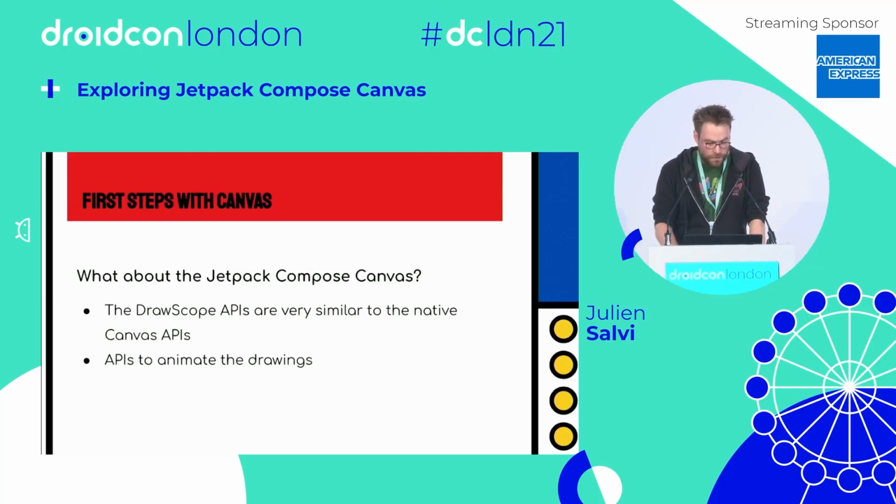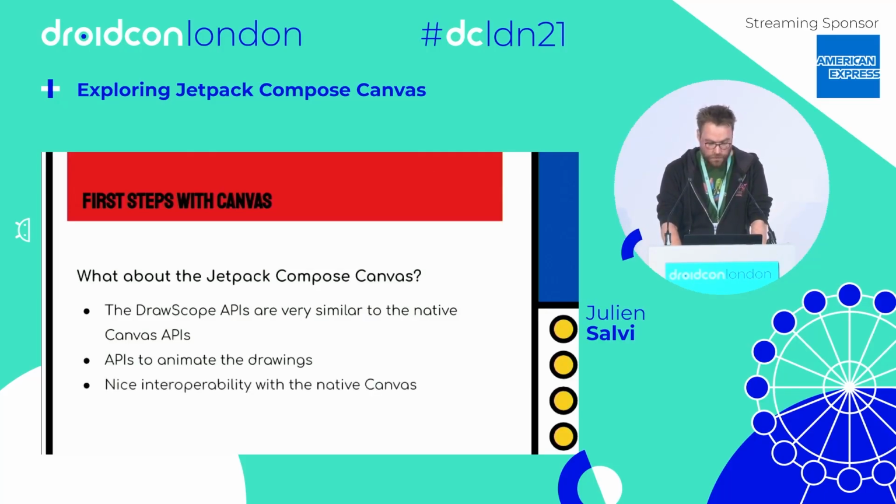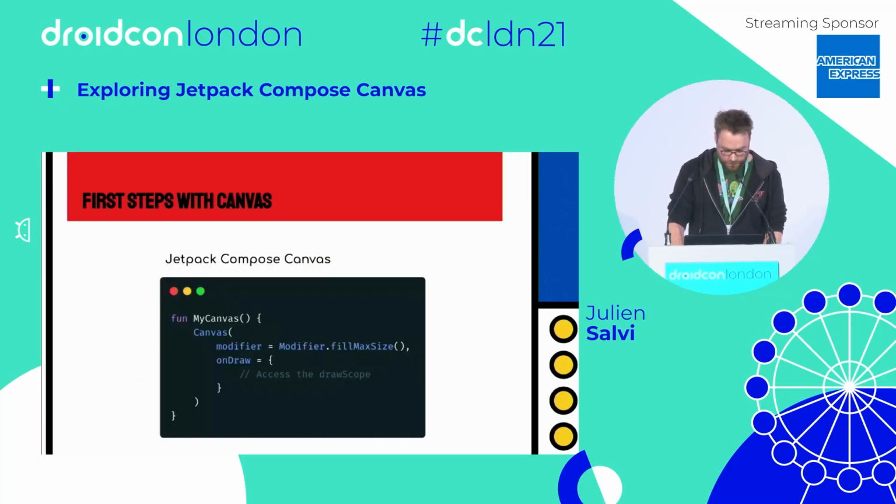There are also APIs to animate your drawings. And also, you can access the native canvas to, for example, draw some text, because drawText is not available on the draw scope API. We can access the native canvas, which comes from the view framework, and draw some text, for example.